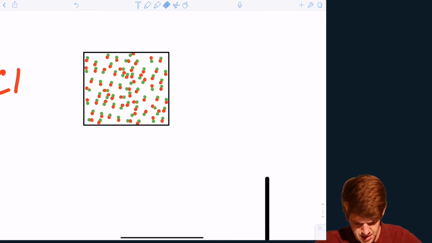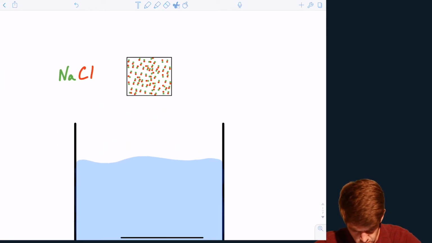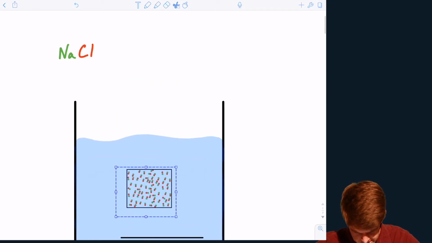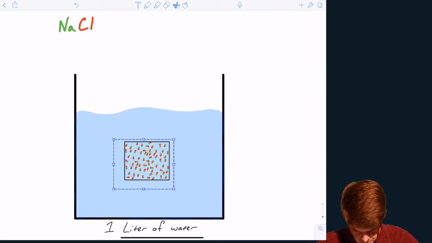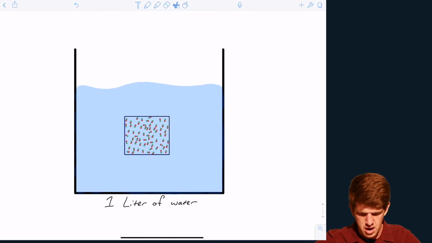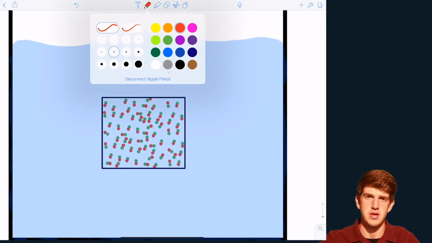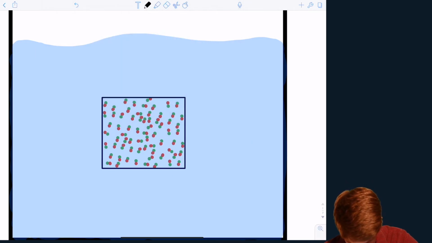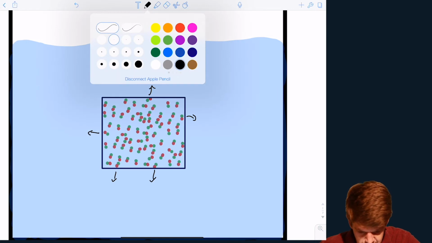But what's going to happen when I do put this into the water? Well, this sample is automatically going to start to dissociate. Some of these particles are going to break into Na+ ions and Cl- ions.